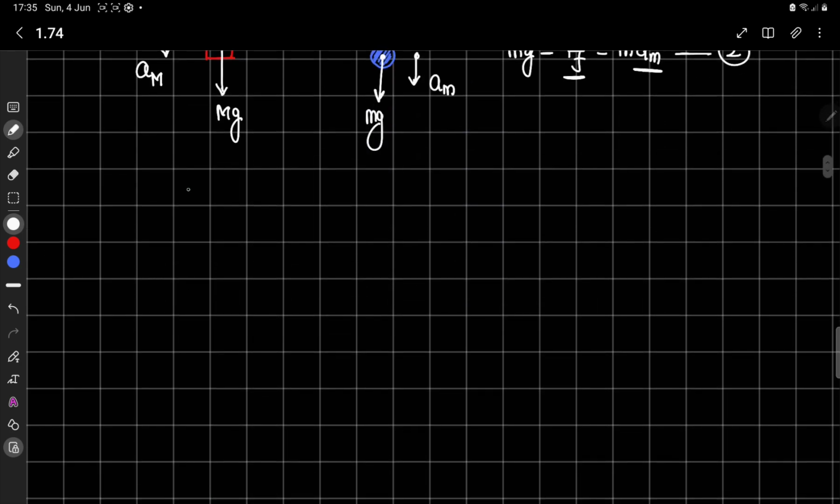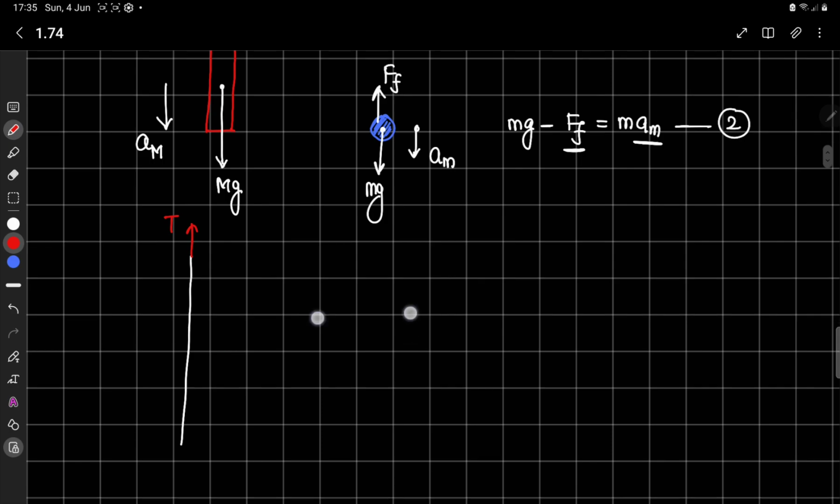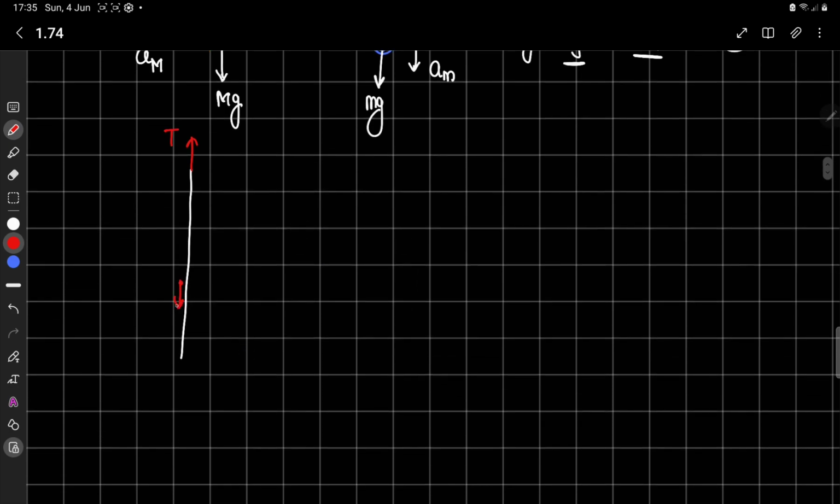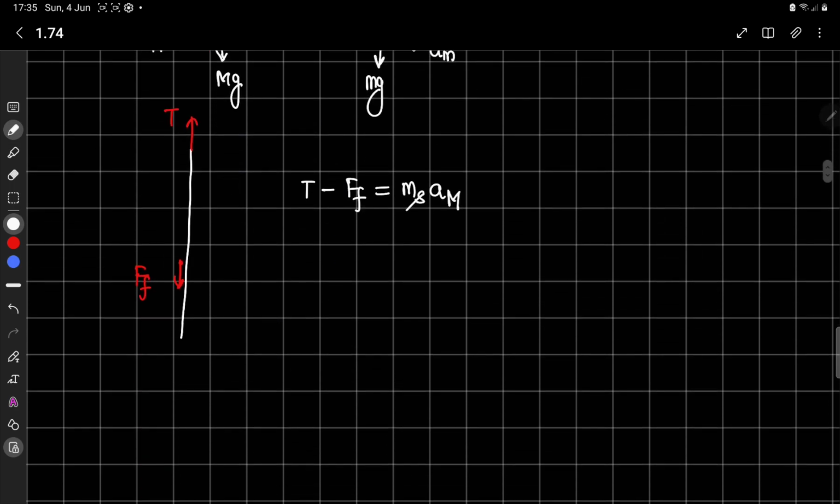We will have the tension force here, and because of the friction between the ball and the thread, we will have the friction at this point in the downward direction, capital F. So we can write tension force minus capital F is equal to mass of string into acceleration. But we know that the mass of the string is 0, so this term will be 0. Finally we get tension force is equal to friction force. This is the third equation.